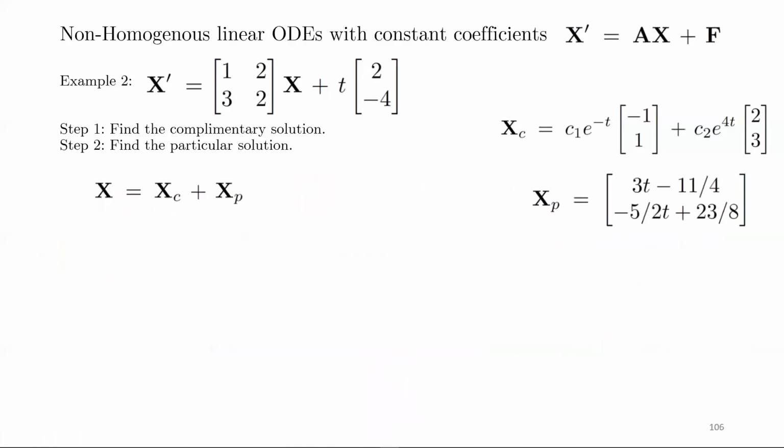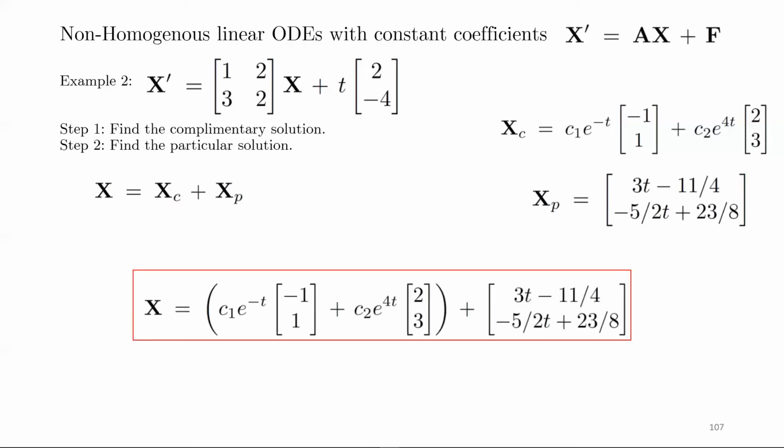And again, recall that the general solution to this ODE is the sum of the complementary and the particular solutions. So therefore, my general solution is as so: the complementary solution here in brackets plus the particular solution. And again, this is not an initial value problem, so I cannot find the values of C1 and C2. They're just some constants. So here I have a two-parameter family of solutions.